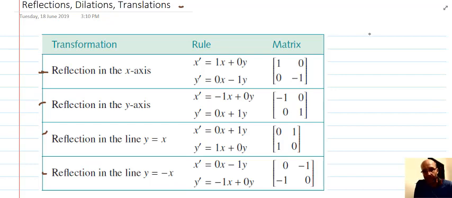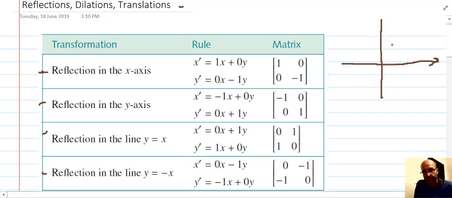First of all, when we are reflecting something in the x-axis, let's draw our x and y axes.